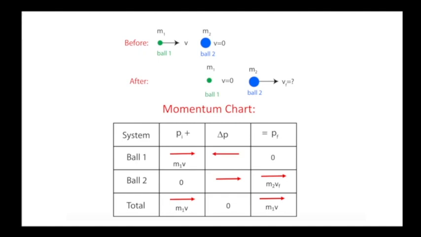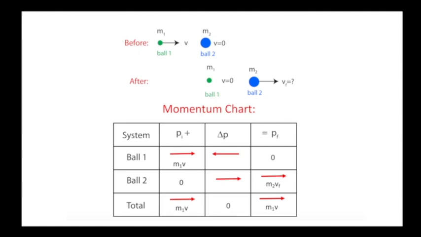And then when we read across a row, that's saying look at one specific object or look at the total as a whole and then just track the progress of time, meaning P initial plus delta P equals P final. So this middle row is just saying the initial momentum of ball 2 plus whatever change in momentum of ball 2 there was gives me the final momentum of ball 2.